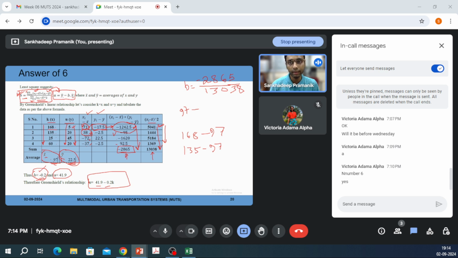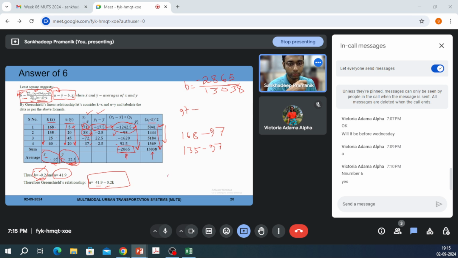Now for a, it will be y bar minus b into x bar. So y bar we already know is 22.5, minus b into x bar, where b is minus 0.2 and x bar is 97.